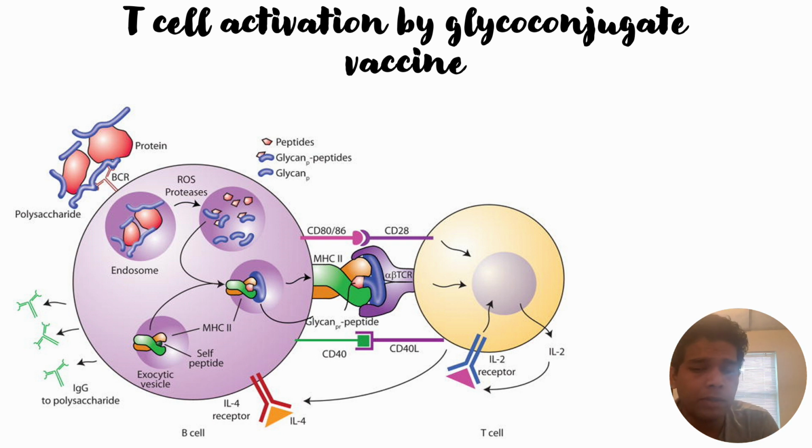Simultaneously, it will also make more memory T cells that will last within the host for a longer duration, so that in future, whenever the host is attacked by such glycoconjugates, the memory T cells can directly act against glycoconjugates that have the non-self glycoepitopes. So this is how T cells can be activated by glycoconjugate vaccines.